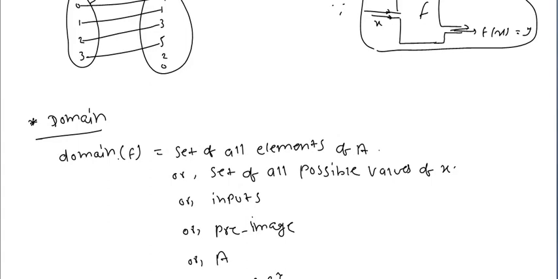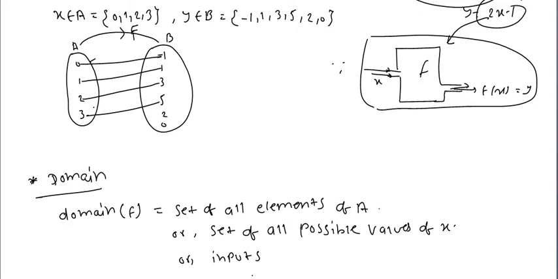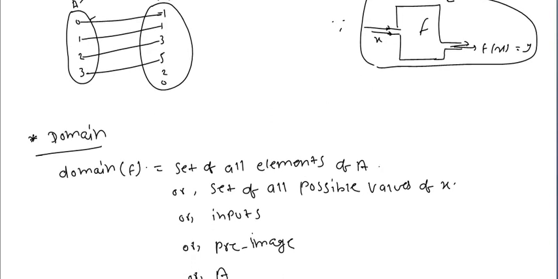Now what is the domain? Domain is the set of all elements of set A, that is, the set of all possible values of x. Set A is the values of x, which is the input of the machine. Then it gives output f(x), that is y. So the values of x are the input and the values of y are the output.